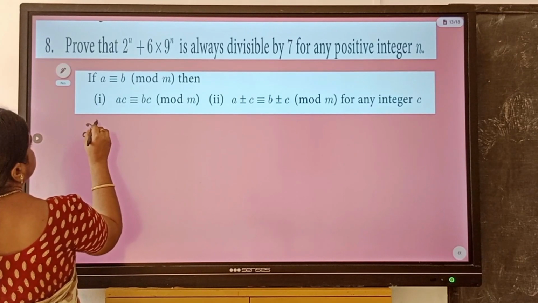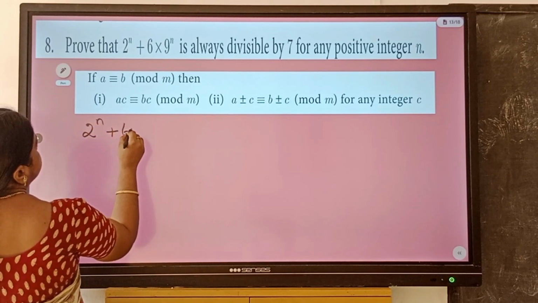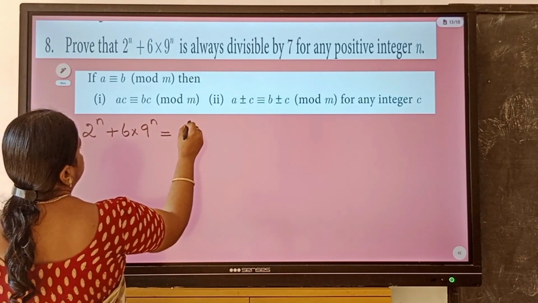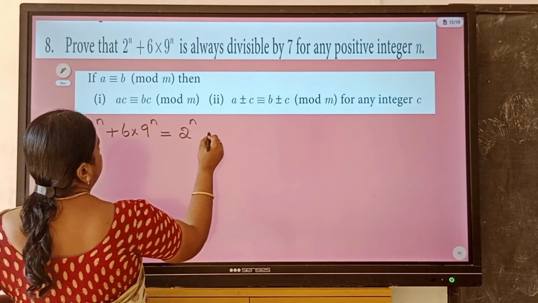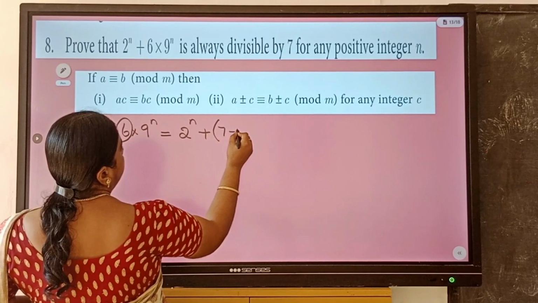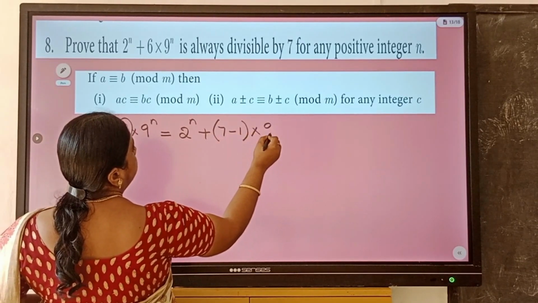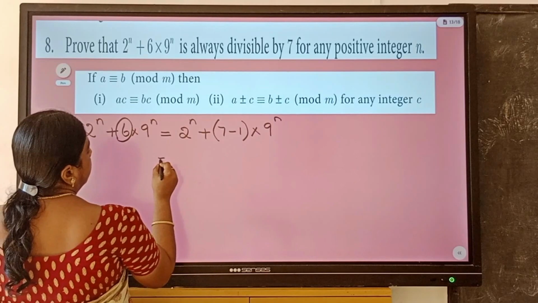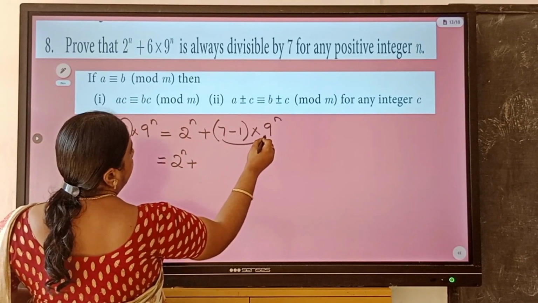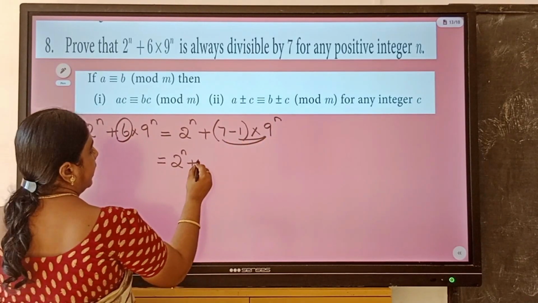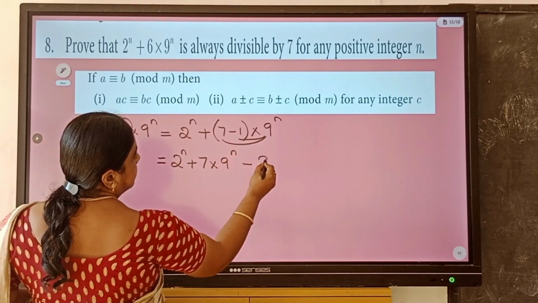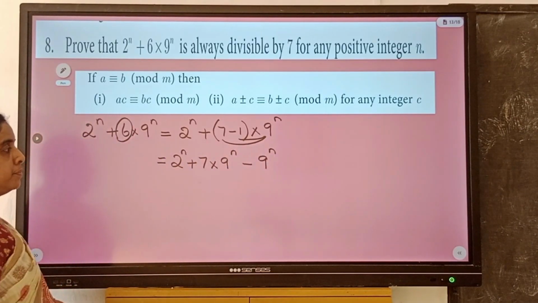So we have in the question 2 power n plus 6 into 9 power n. So we are going to write this as 2 power n plus, here I am going to expand the 6 as 7 minus 1, into 9 power n. Next step, 2 power n plus, I am going to multiply all this with 9 power n. So 7 into 9 power n minus 9 power n.